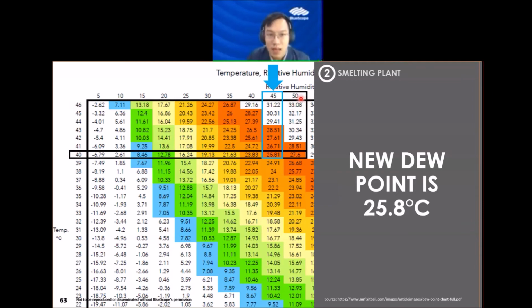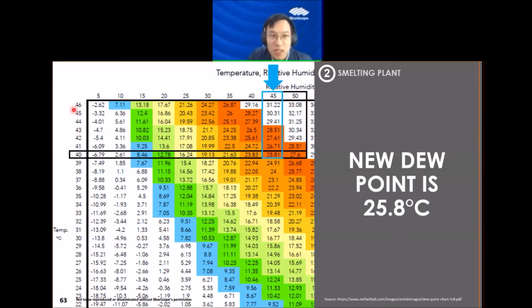So if the roof temperature or the outside temperature is 33 degrees Celsius, then you still will get condensation happening on the inside because it's hotter and more humid.